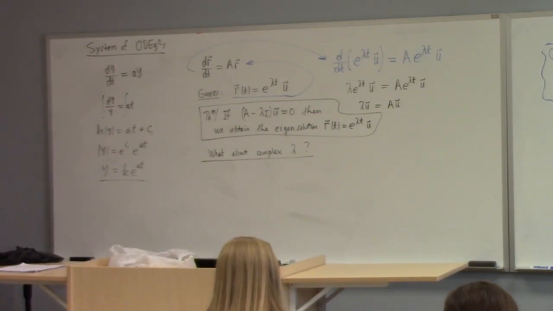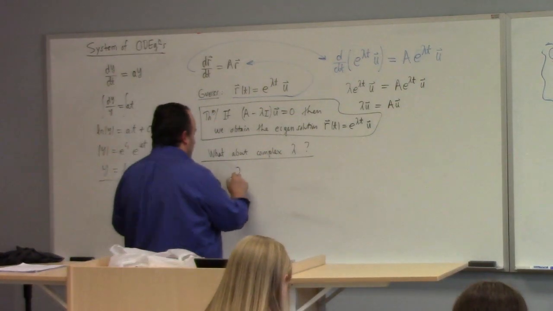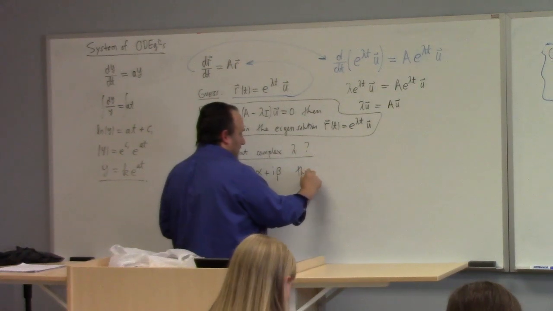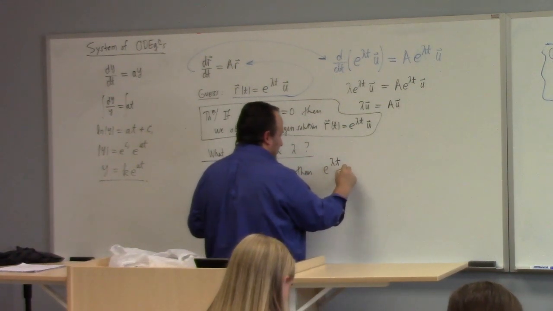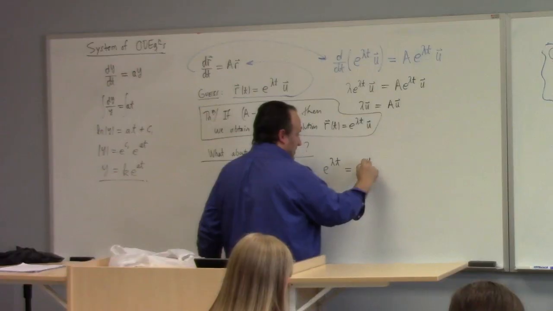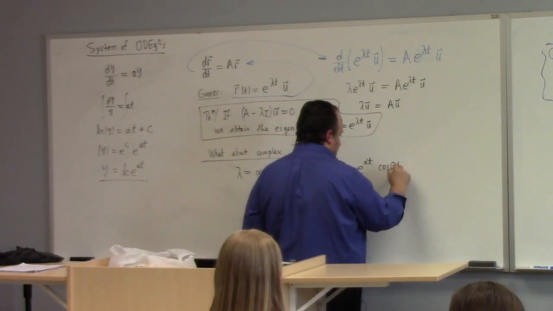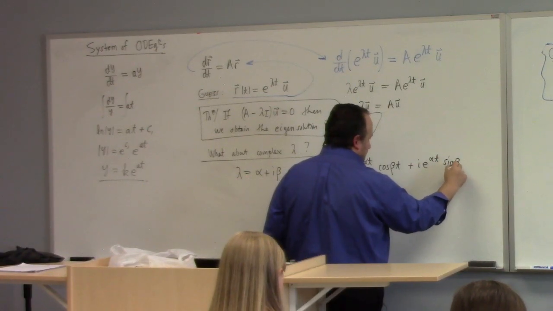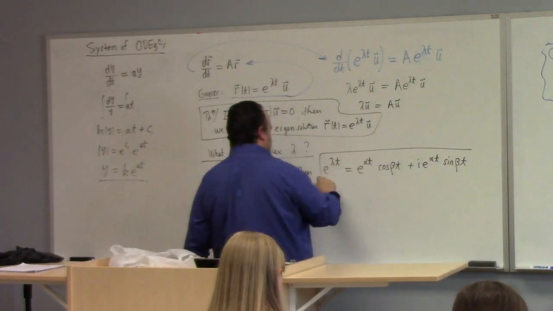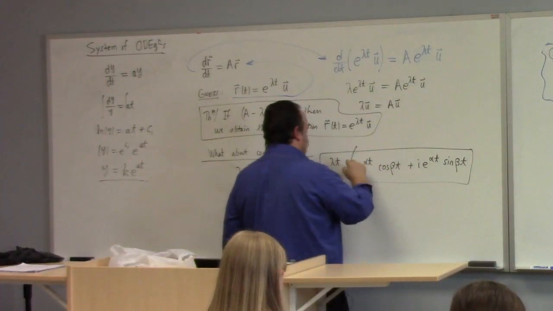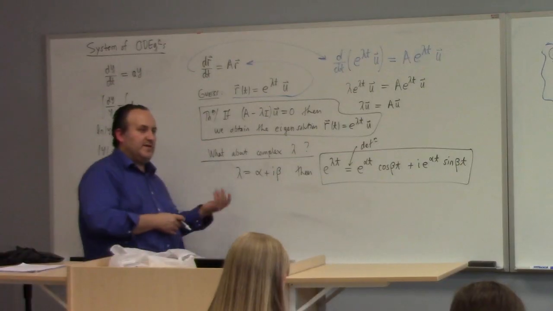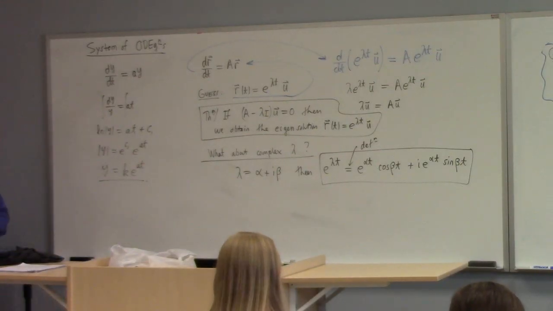You may not be familiar with it, but if lambda is equal to alpha plus i beta, where beta is non-zero, then e to the lambda t is equal to e to the alpha t cosine beta t plus i e to the alpha t sine beta t. This is, for all intents and purposes, a definition for us. In the case that lambda is complex, we get a complex combination of sines and cosines and exponentials.